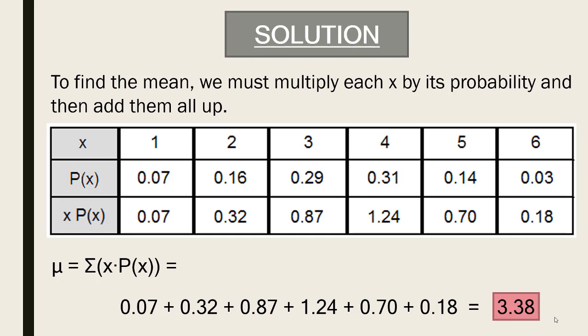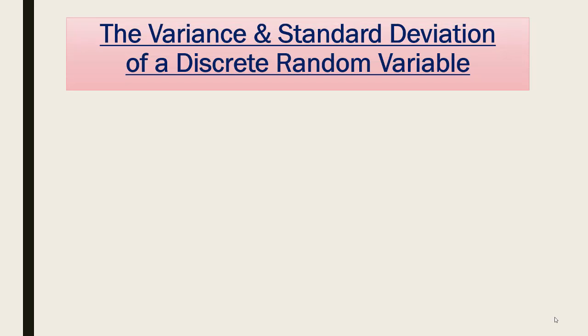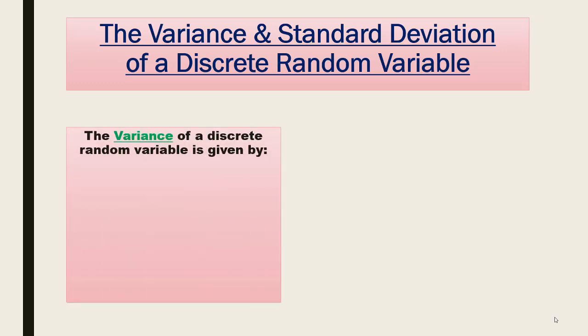Okay. So now we need formulas for the variance and the standard deviation of a discrete random variable. And so we'll look at the variance first. The formula for the variance is given by sigma squared equals the sum of x minus mu squared times the probability.